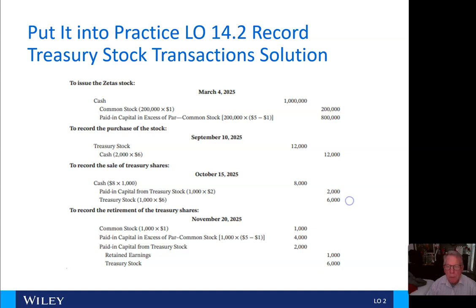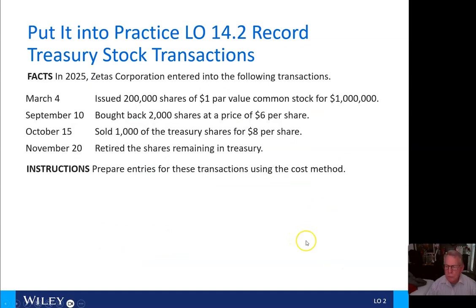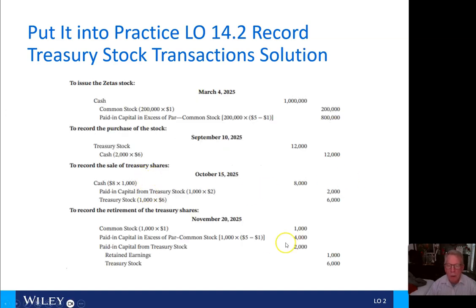Okay. Now, on November 20th, we retired the shares remaining in treasury. Okay, and we want to prepare those entries using the cost method. So here, when we retire that, we have 1,000 shares remaining at $1 par, and here we have $4,000, which is the 1,000 shares times $5 less the $1, the same thing that we did here for $4,000.